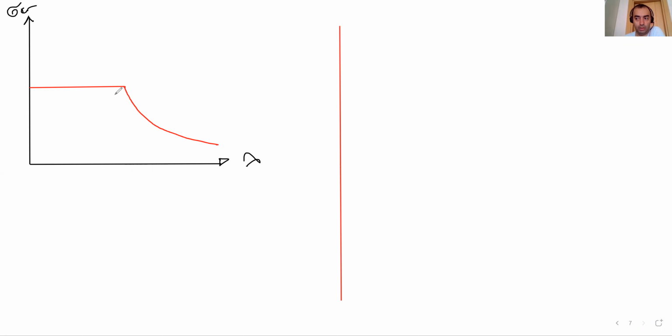So here we go. This limit is lambda p. This is sigma p.